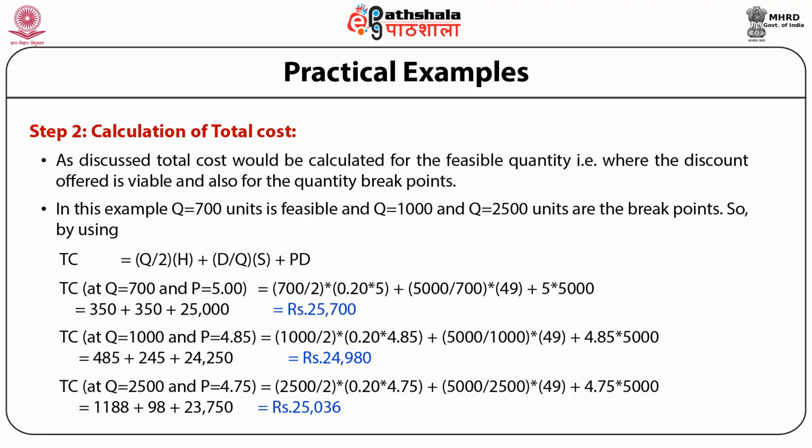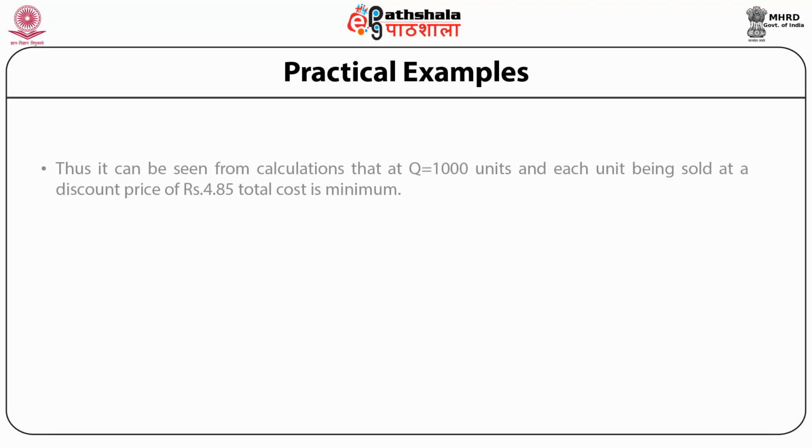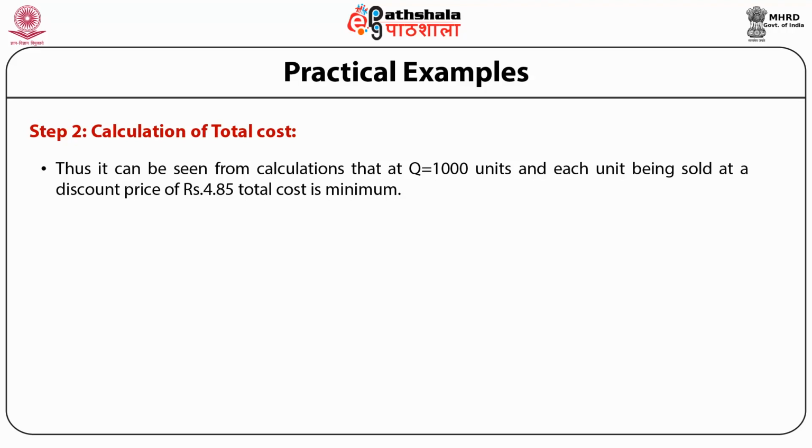Total cost at Q equal to 2500 and P equal to 4.75 equals 2500 upon 2 into 0.20 into 4.75 plus 5000 upon 2500 into 49 plus 4.75 into 5000 equals 1188 plus 98 plus 23,750 equals rupees 25,036.